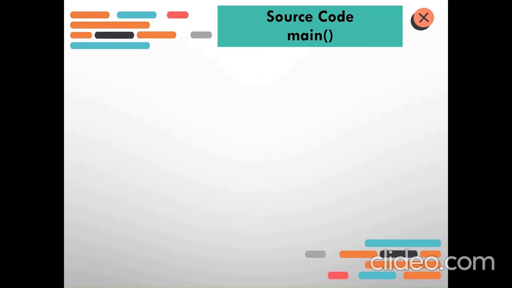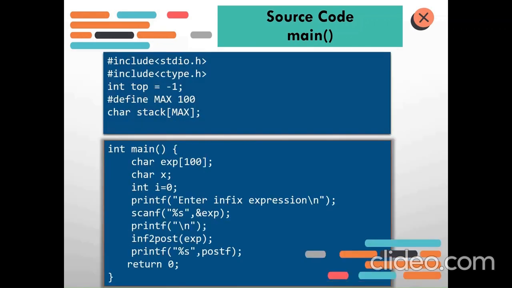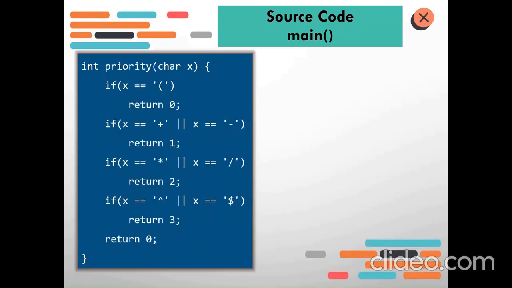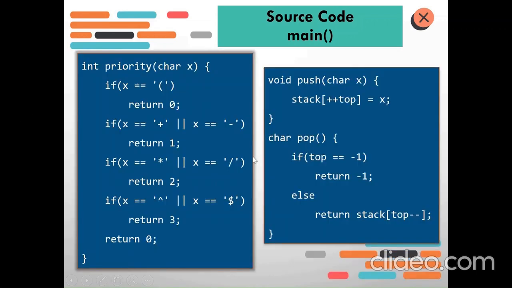So if we just revise a bit, we started with main, we took up an infix expression, then we passed it on to infix to postfix. This is where we reached, and then we repeated this process as we discussed a few moments back, needing the services of the priority, push, and pop functions while converting the expression.